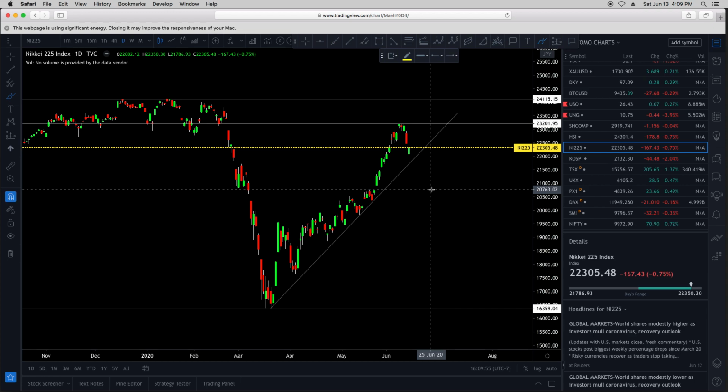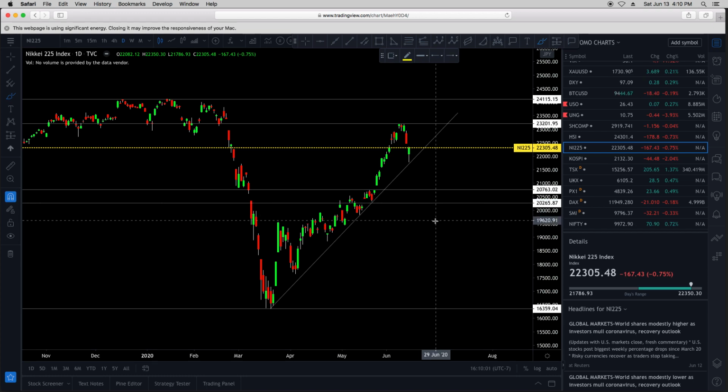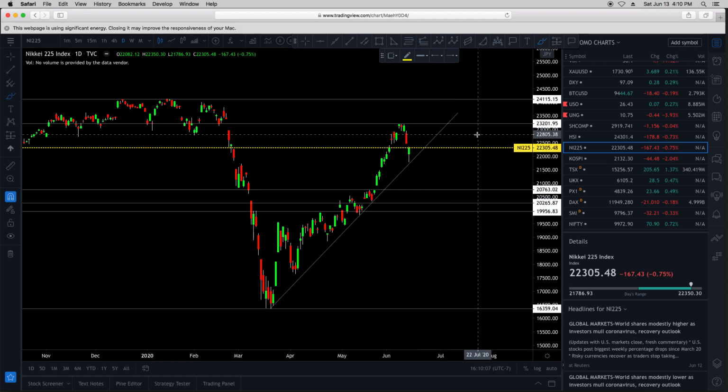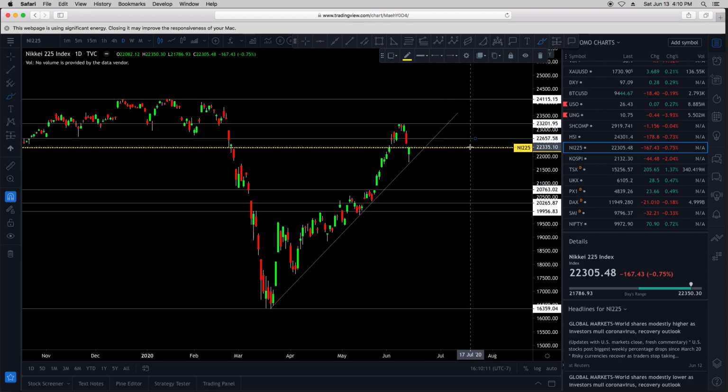Round it: 20,763. That's probably the next support. Then you start to get into these levels: 20,265, 20,000, psychological. Where's the resistance? Resistance is up here at 22,657. Even the small one right here, 22,429.